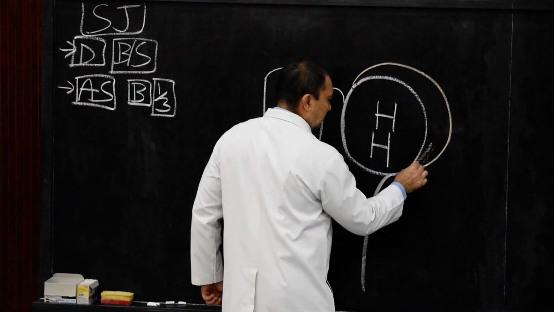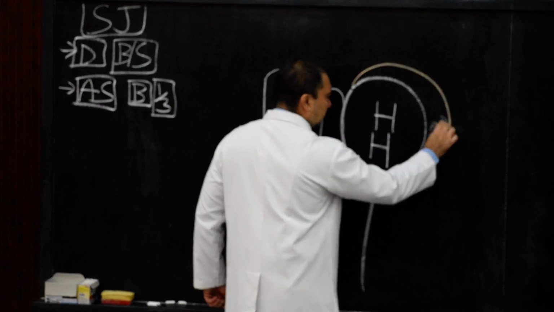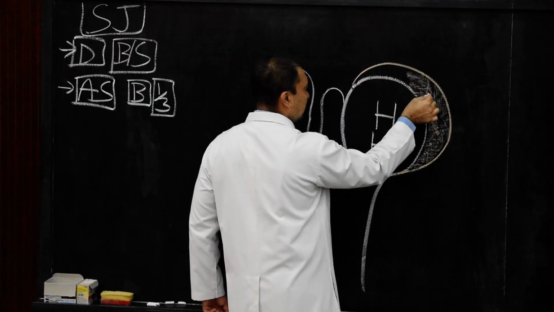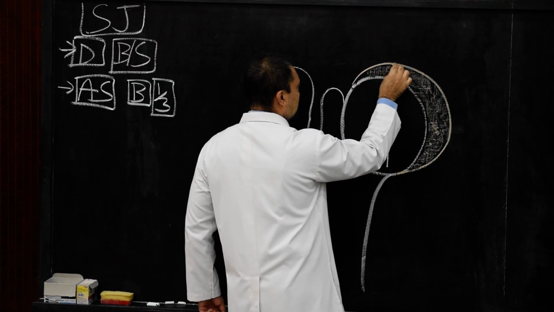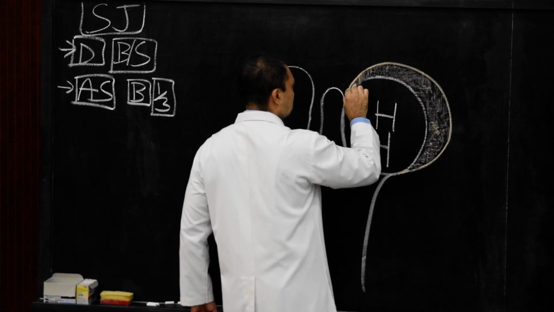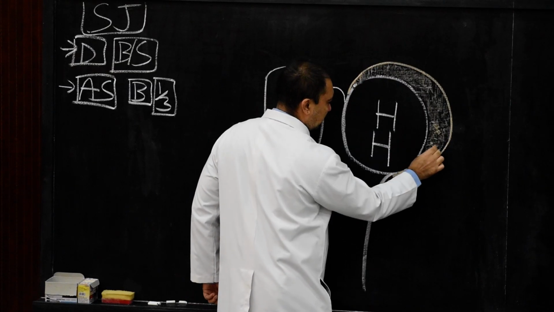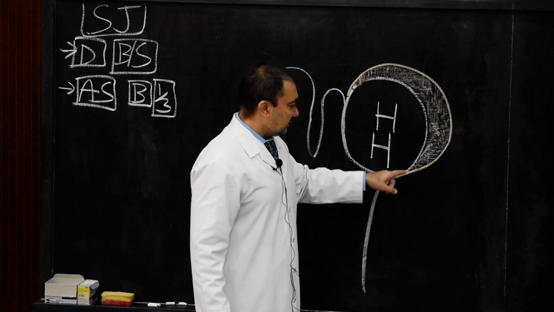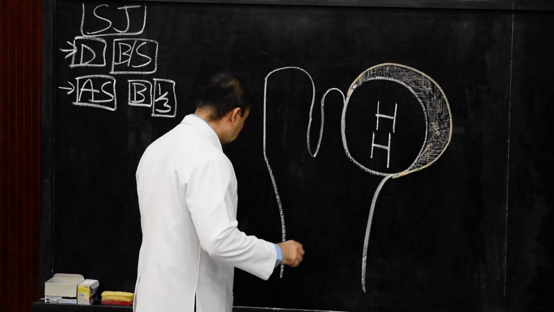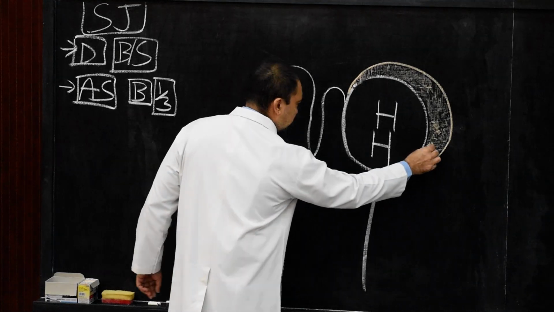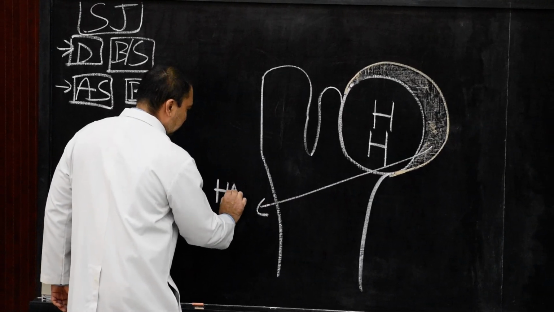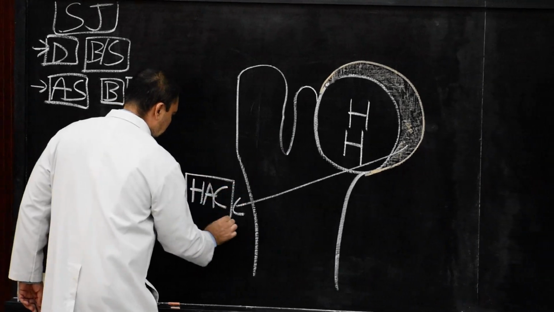So this will be the articular cartilage. This is the hyaline cartilage which will cover the head of the humerus in this way. Thick in the center, thin at the periphery. So here you can mark this structure as the hyaline articular cartilage.